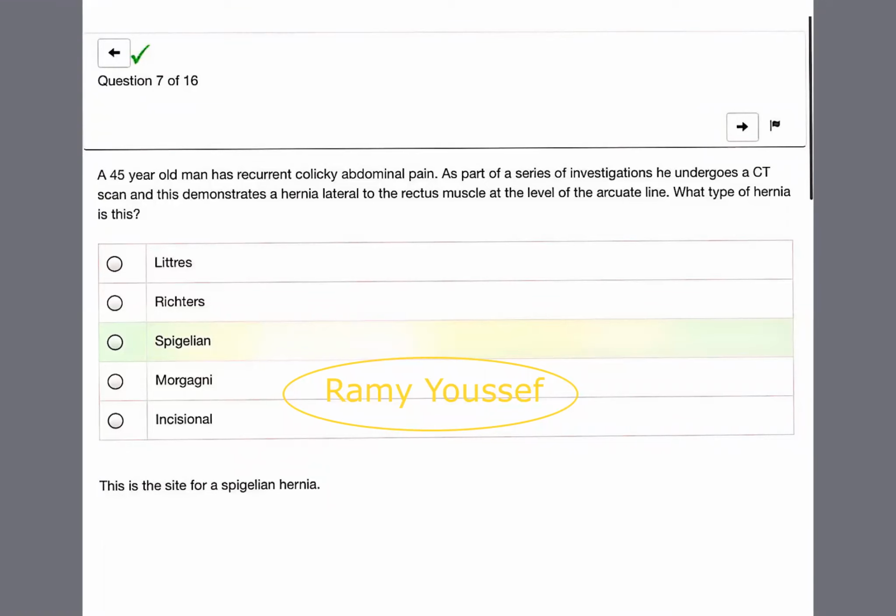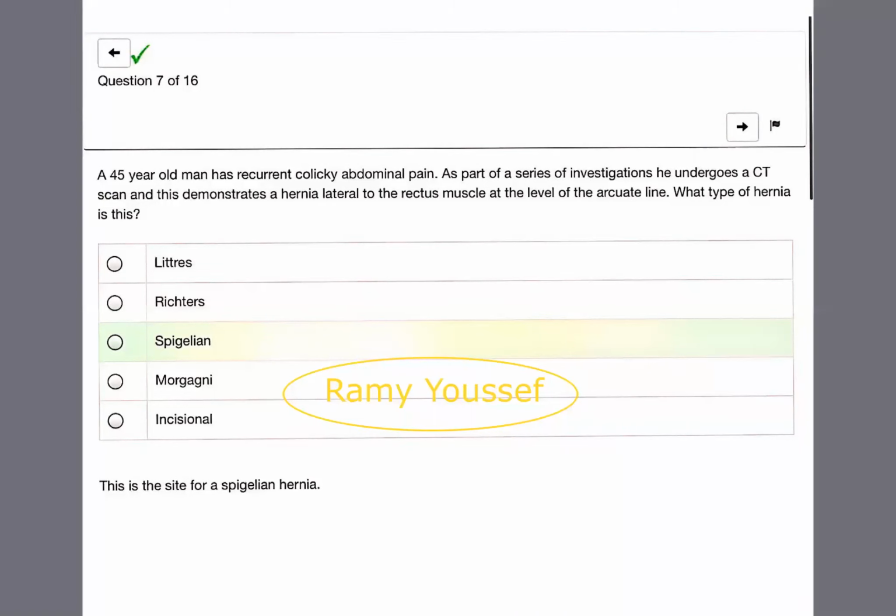I will send the picture. Yes, I know. But if it is part of the stomach wall, yes, antimesenteric. We cannot find the stomach in the inguinal region.